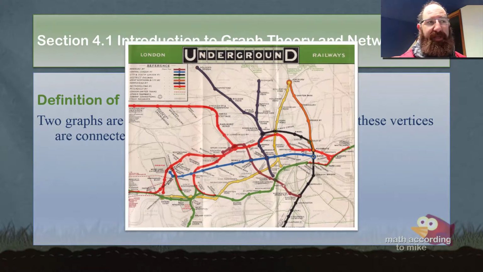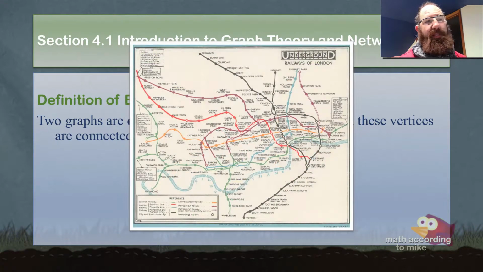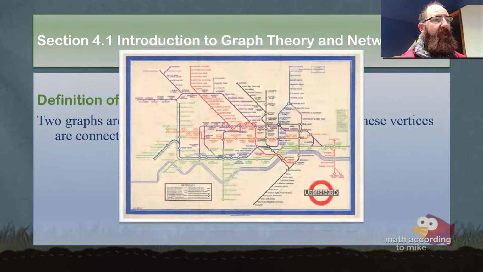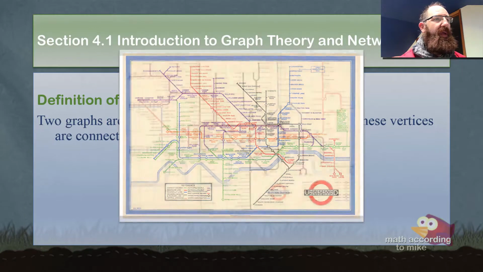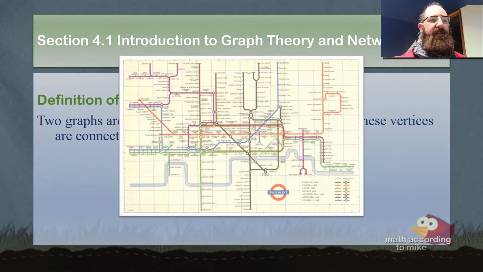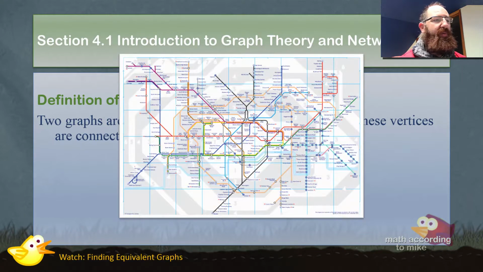So that one's a little bit better. They made the lines thinner. And then they said, you know what? It doesn't have to be exact anymore. We just need something with straighter lines. So that's where this came from. And then over time, they just cleaned it up more and more. So this is the final version.